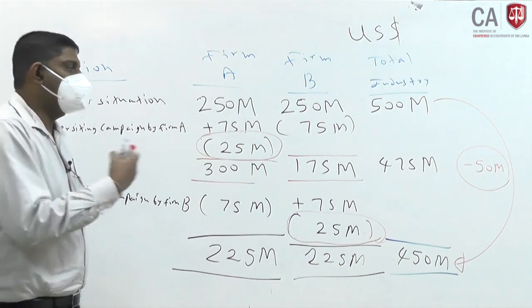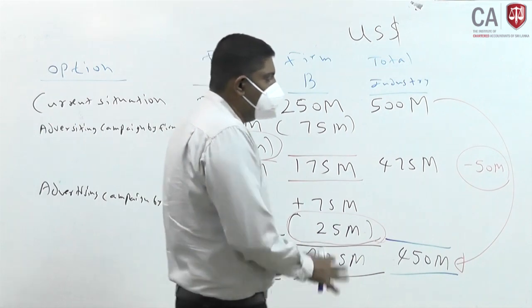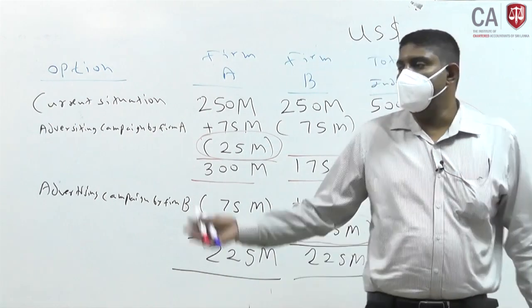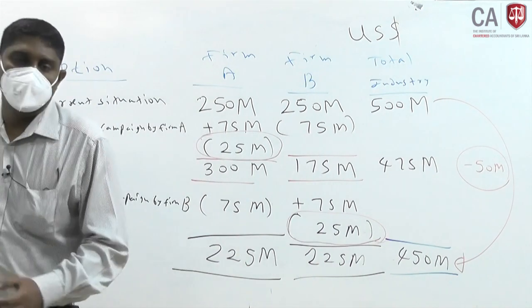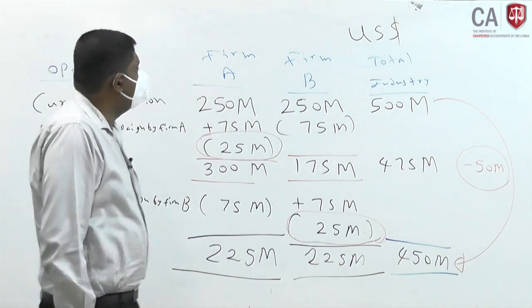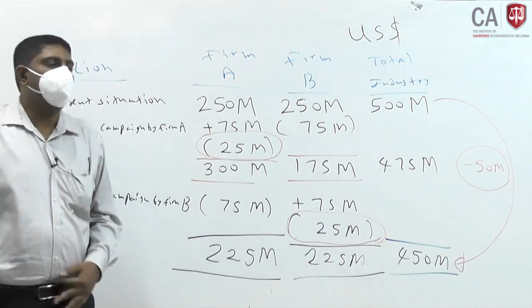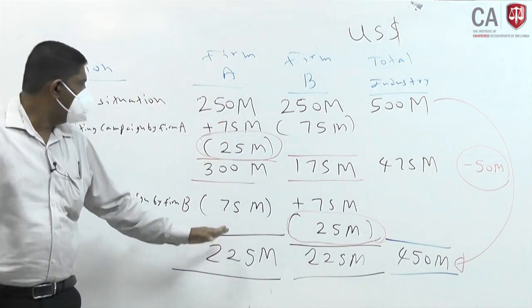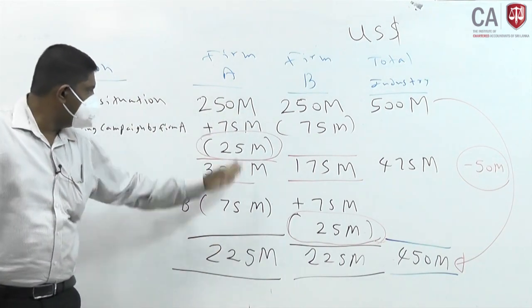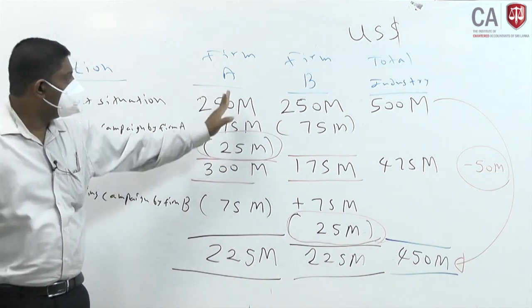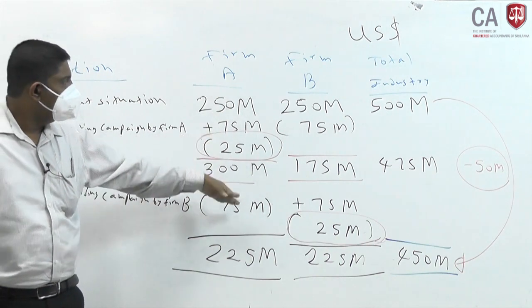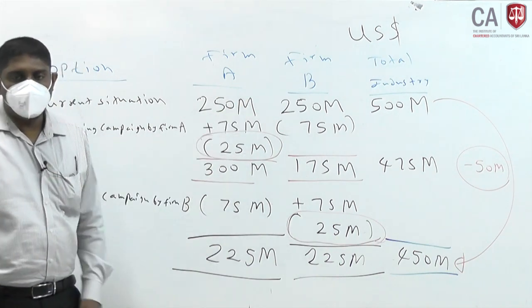So what they had to do is, without spending money on the advertising campaign, enjoy the market share they had. If they behave like that, they had the opportunity to enjoy higher profit. In A's case, if they remain in the current situation as it is, they had the opportunity to earn 250 million. B also had the opportunity of earning 250 million.